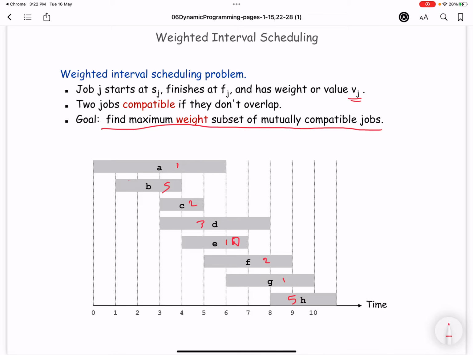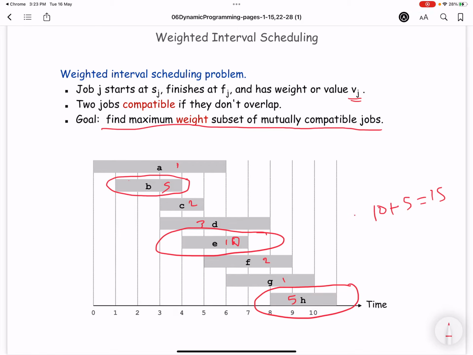The best solution for this is to pick this important interval and this one, so the total weight is 10 plus 5, which is 15. Or also we can add this job, by the way. So actually it's 5 plus 10 plus 5, which is 20, because this job and this job are not conflicting.